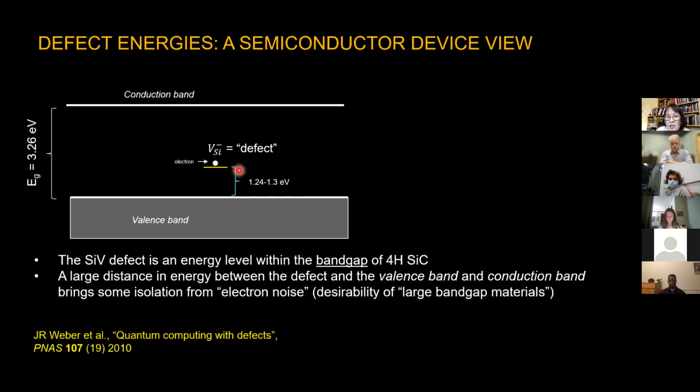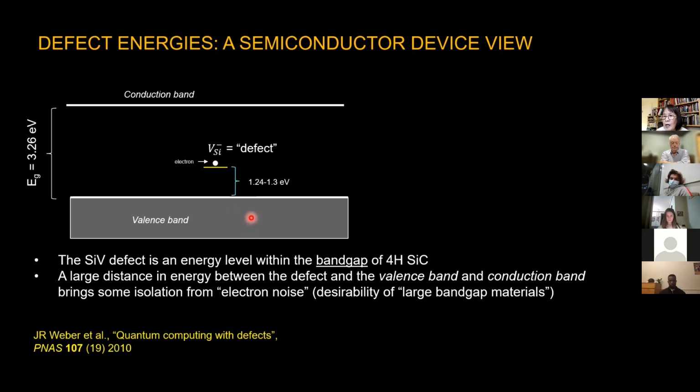It is an energy state within the band gap. And because it's sort of mid gap, and the gap is 3.26 electron volts, this energy state is very far away from electrons in the conduction band or electrons in the valence band that could interact and mix or mess up the defect.